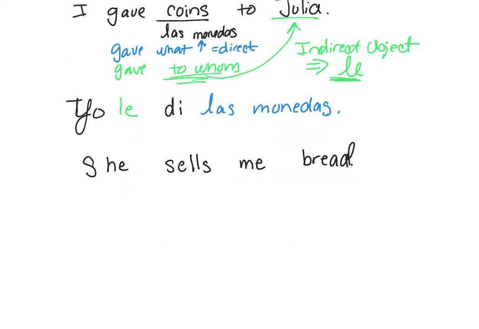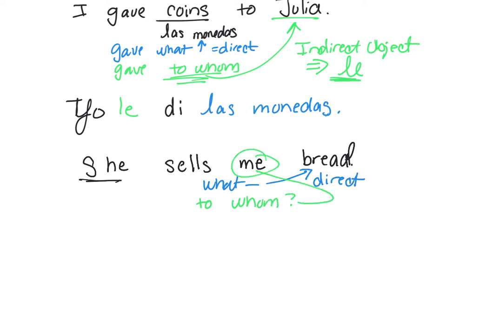Let's look at one where I'm not the subject. Okay, so this time our doer is she, right? She's the seller. And what does she sell? She sells bread. So bread is my direct object. And she sells to whom? She sells to me. So I am the indirect object.